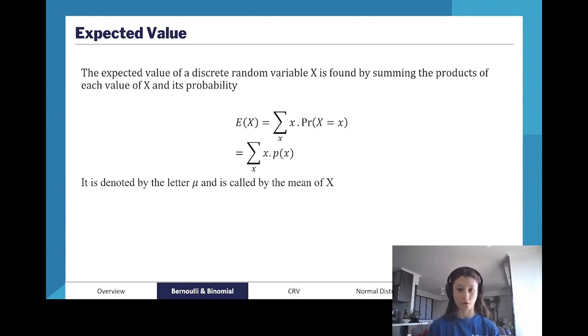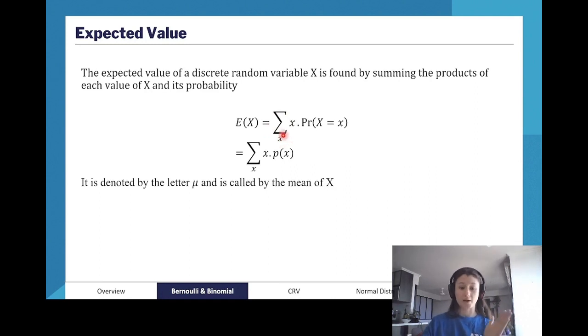taking a trial, right? So we can find the expected value by summing the products of each value of x and its probability. So this is the formula that we have right here. Of course, this symbol, sigma, it's an uppercase sigma, represents sum of.